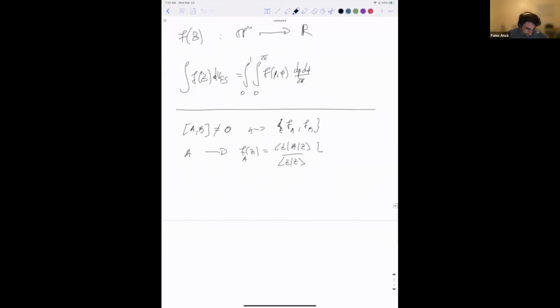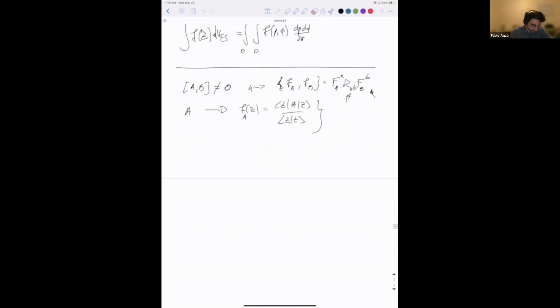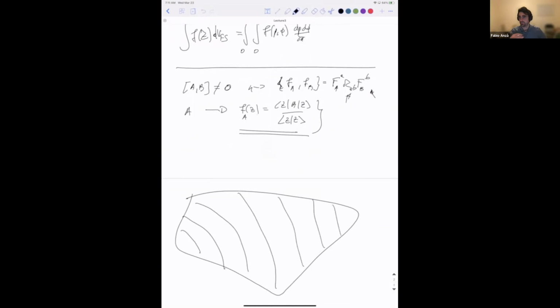Now, this is the crucial object to look at for the uncertainty principle. This can be written as f_A ω_AB f_B, where ω is the symplectic form, and these are the vector fields associated with f_A and f_B. One thing you need to know in order to understand Heisenberg's standard formulation is that if we have a function like this, and this is my manifold, then I can foliate the manifold in hypersurfaces at constant value.